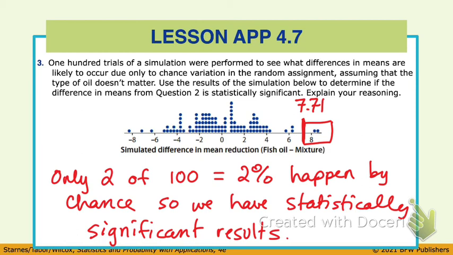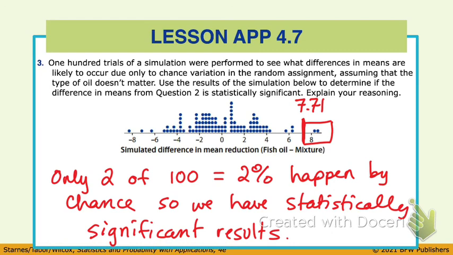But now let me ask you the real question that I care about. Did the fish oil actually make a difference in their blood pressure versus the regular oil? If I tell you that there was statistically significant results between the fish oil group and the regular oil group, did the fish oil make an actual difference?